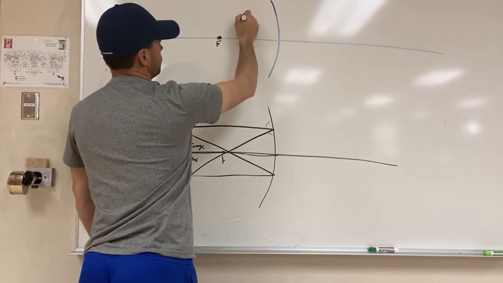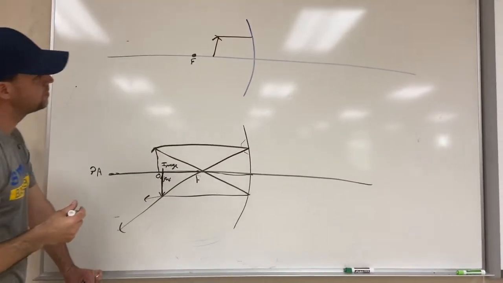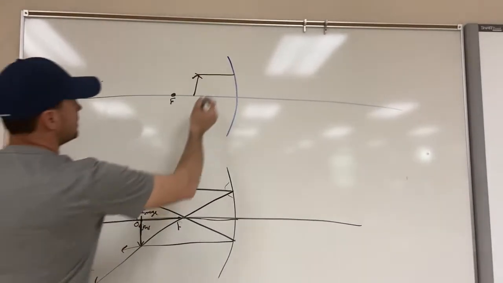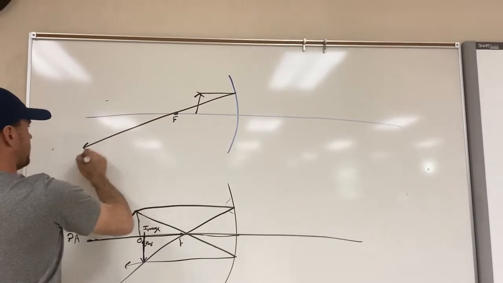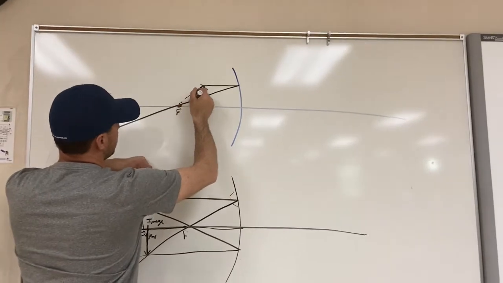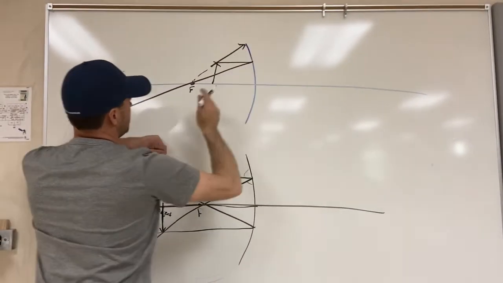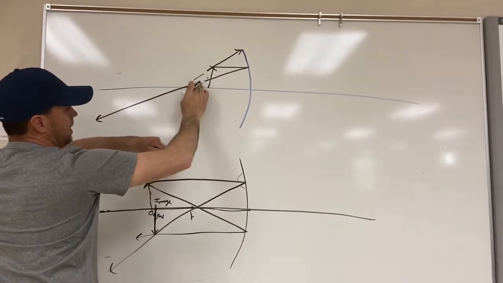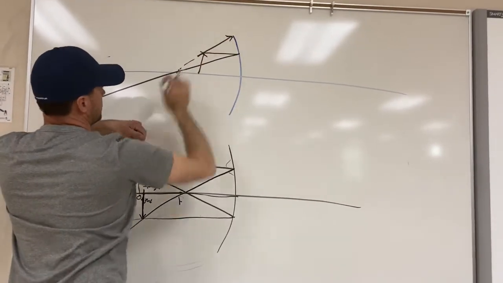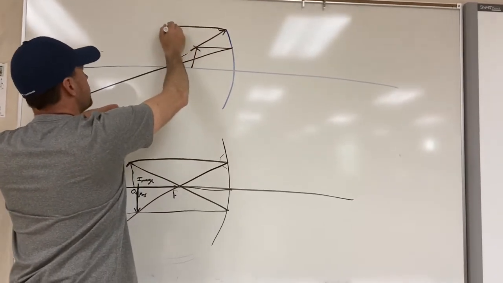and then try the same trick, right? So here comes a ray parallel to the axis. Where is that going to bounce? Back through F. How about a ray that was coming from F? When I say coming from F, I'm not talking about actually coming from F. I'm talking about coming from an angle, as if it was coming from F. Well, that's going to hit the mirror, and it's going to bounce back parallel.